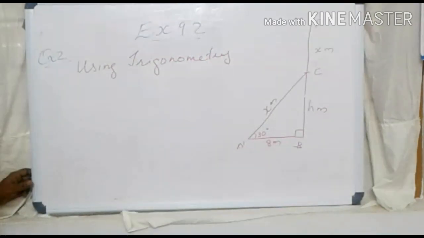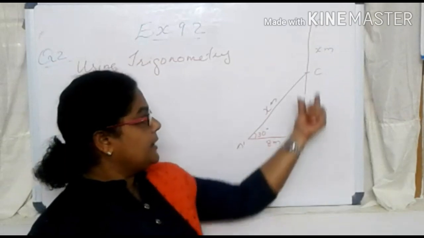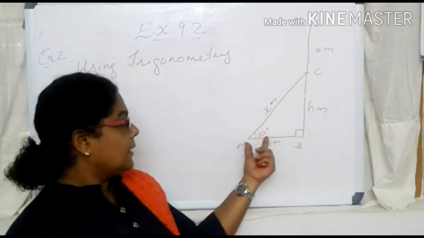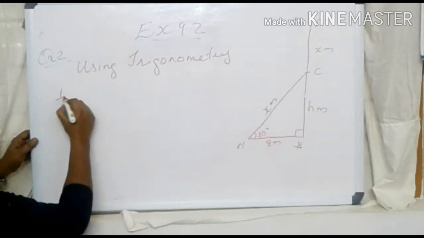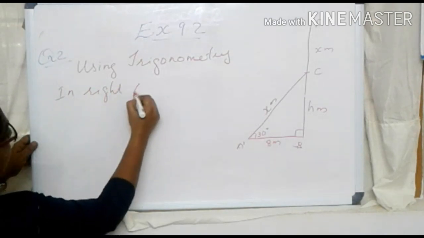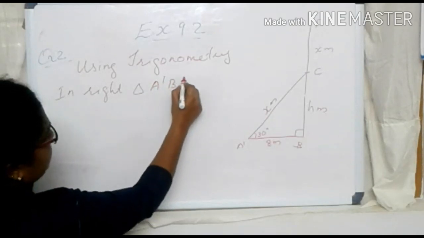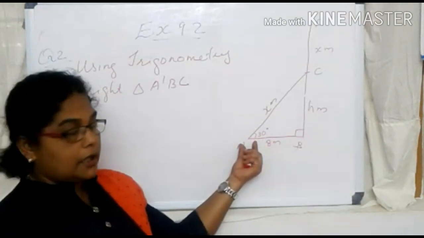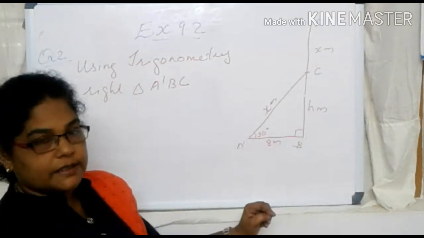In which triangle? Which is the right angle triangle? Triangle A dash BC is right angled at B. The angle A dash is equal to 30 degrees. So using trigonometry in right triangle A dash BC, A dash is theta. H is BC, the height, so it is the opposite side.